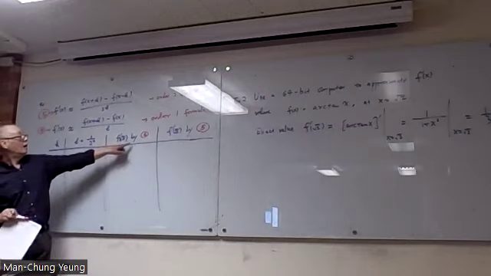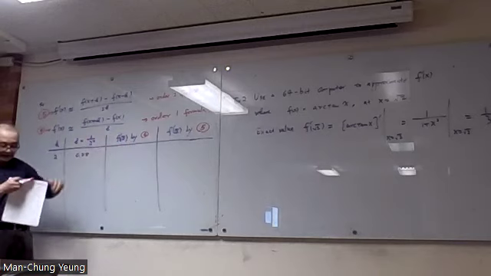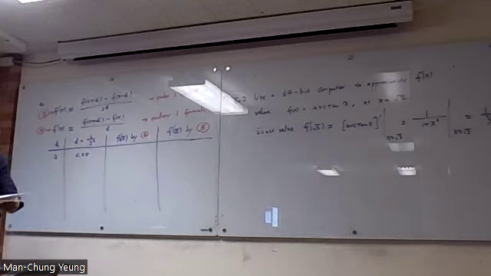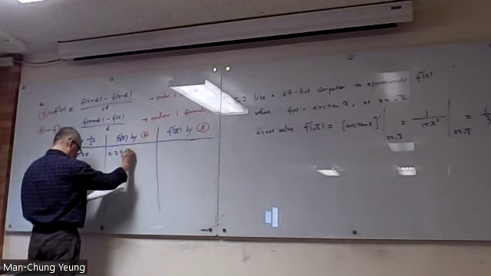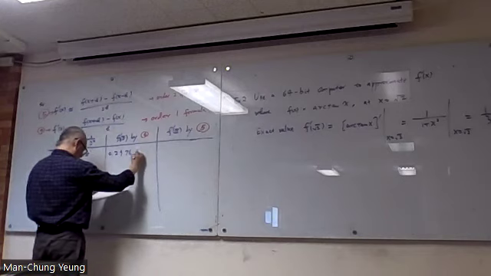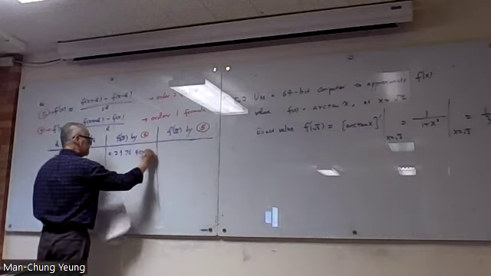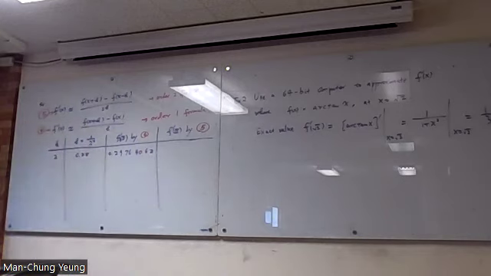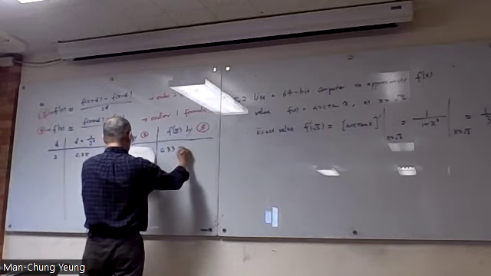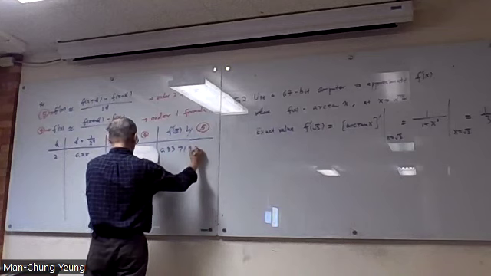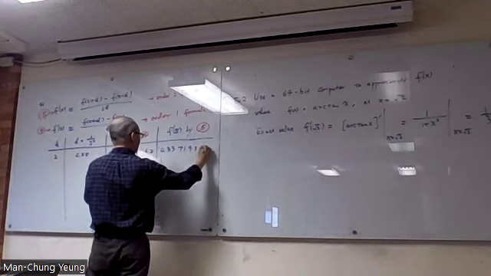By the order 1 formula, what I get is 0.2976. By the order 2 formula, 0.3371.